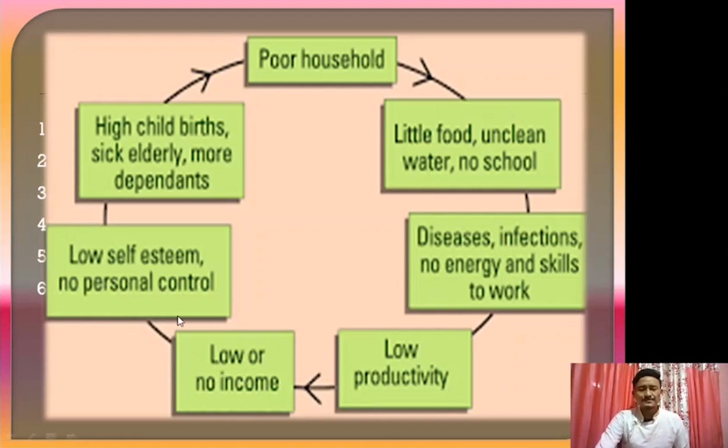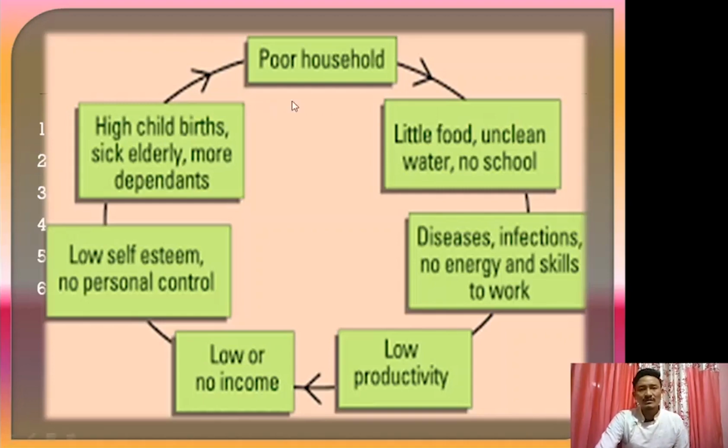Since they have not gained education, they have very large families and a high child birth rate. At the same time, these are the people who get sick very readily, and they are dependent on their children, and that's how child labor comes into the picture.